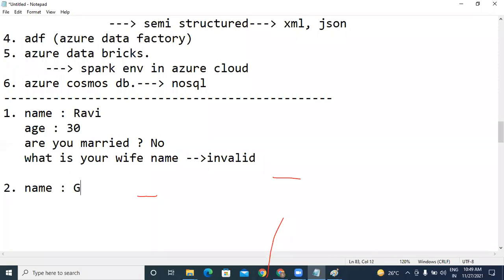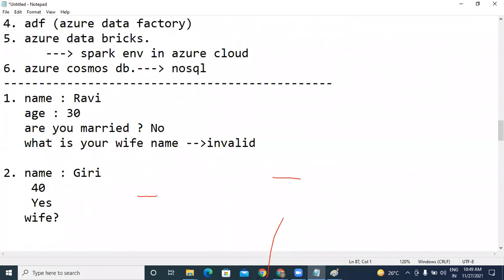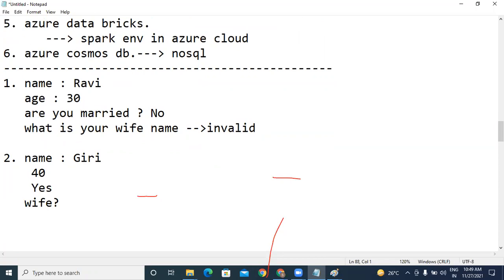The name is Giri. Age 40. Married? Yes. Can I ask his wife's name? Yes. Now in the second case, that is valid. Understood the point, sir? Okay.